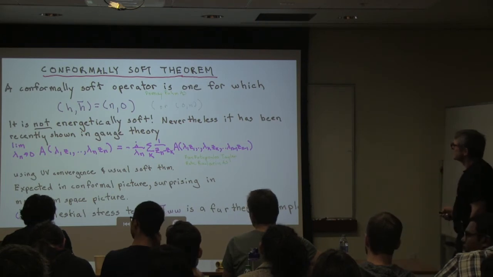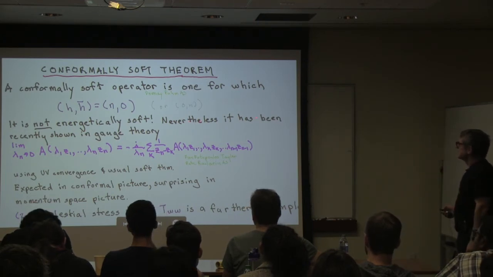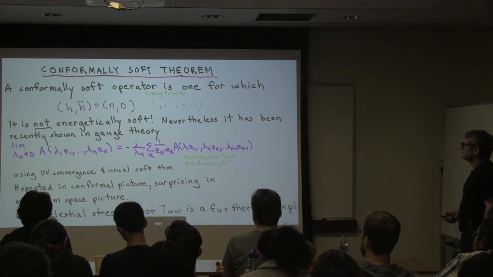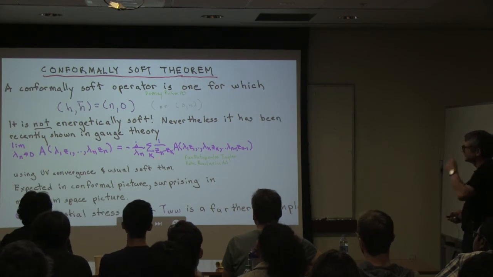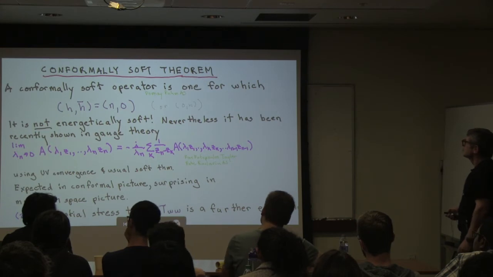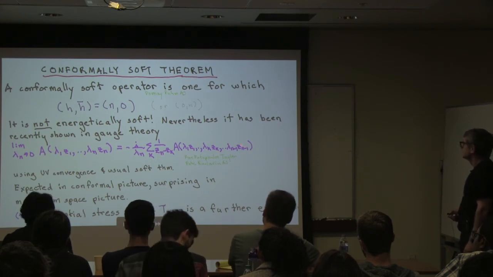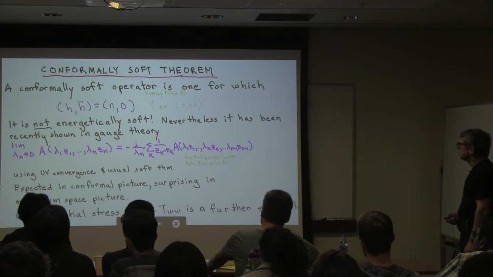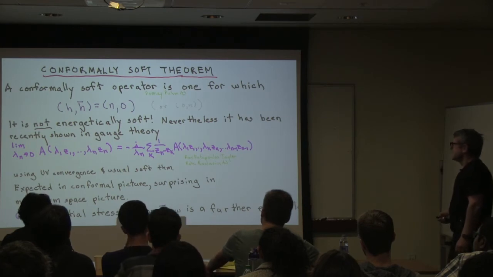But nevertheless, it's been shown that if you make one of these lambda go to 0, which would, depending on the spin, give you dimensions like this, then you get conformal soft theorems. Actually, we've only shown this in gauge theory. We showed it in gravity too.